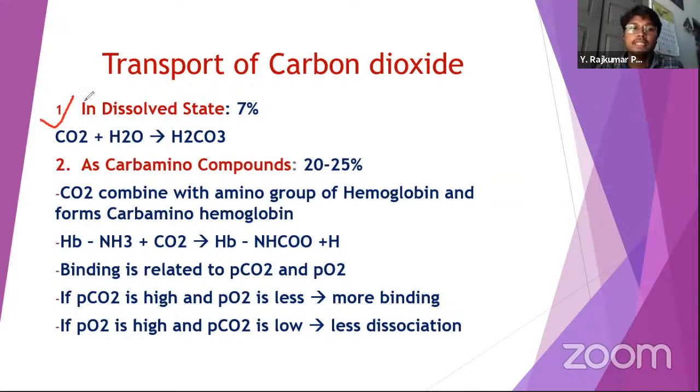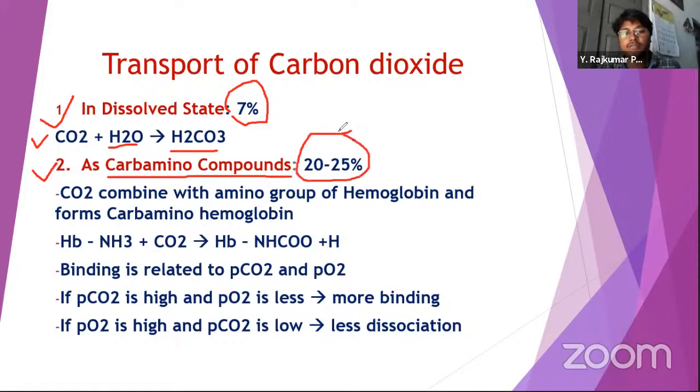That means it dissolves, and it is only 7%. That is CO2 plus H2O: carbon dioxide is mixed with water and converted into H2CO3. And the second way is as carbamino compounds. Okay, it is around 20 to 25%.